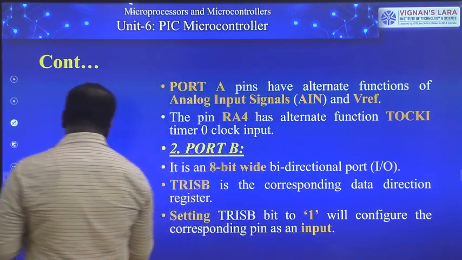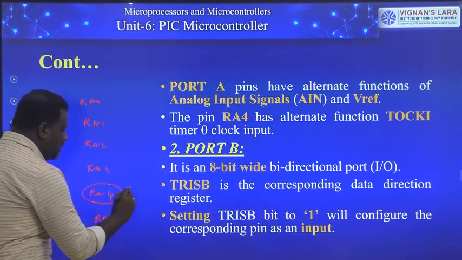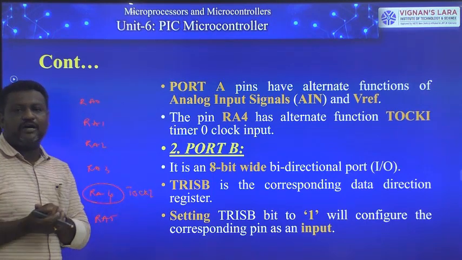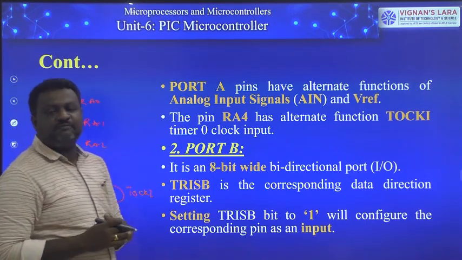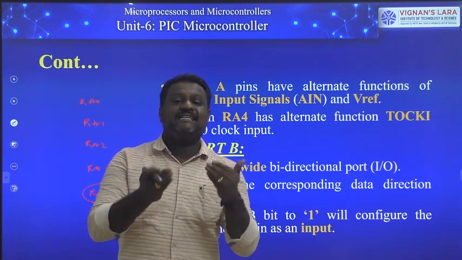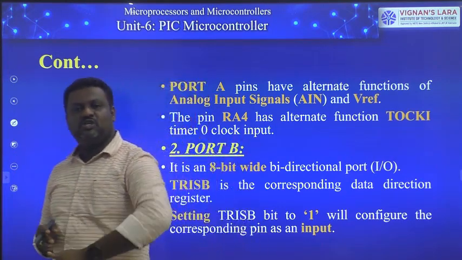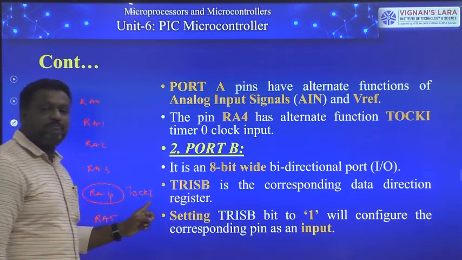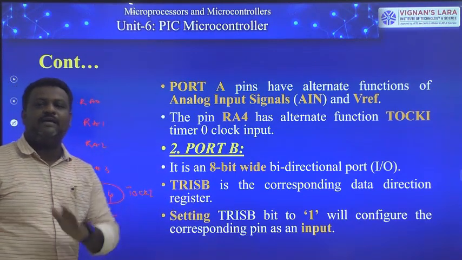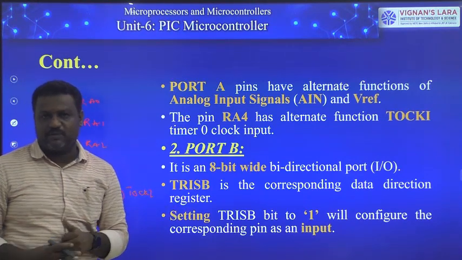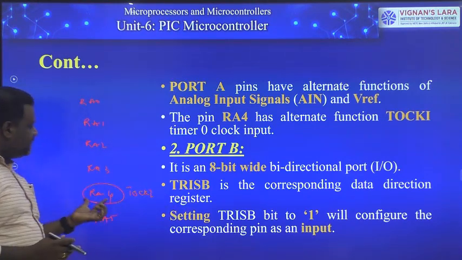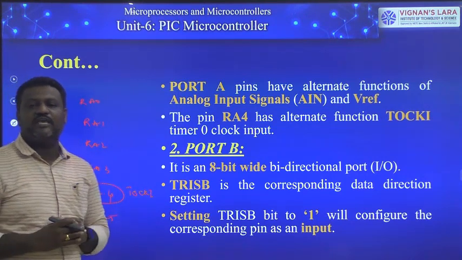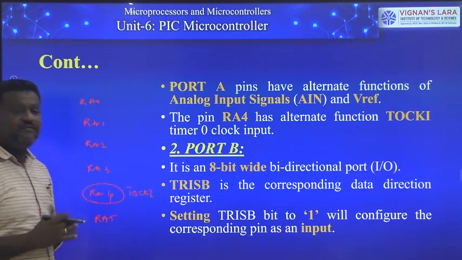In that, RA4 also acts as T0CKI, that means timer 0 clock input. Whenever you want to use timer 0 as a counter, timer 0 has to get a clock signal from the external world. It takes the help of a pin called T0CKI, the timer 0 clock input. So the alternate function of RA4 of your port A is T0CKI.